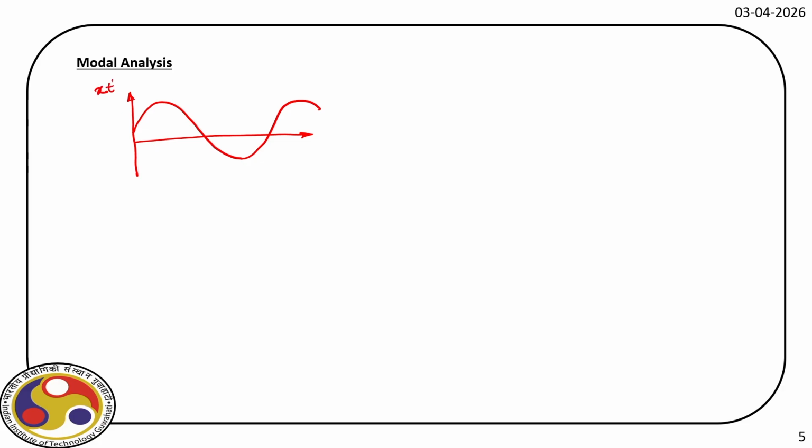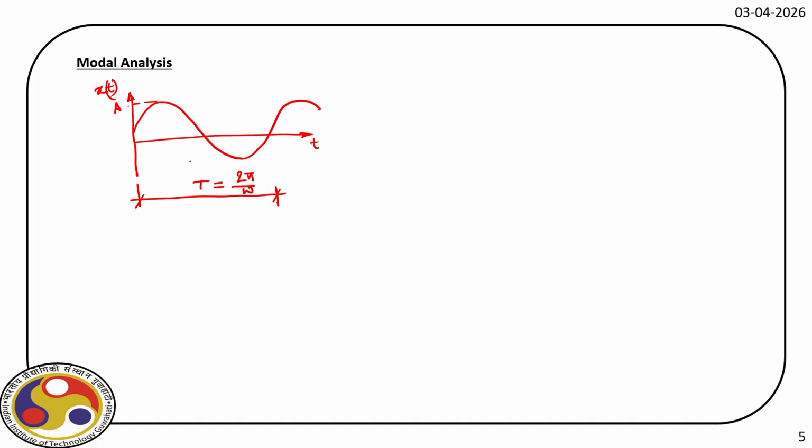So x of t, and this maximum amplitude is a. Now, all of you know from your SHM that this is what we call the time period T, which is nothing but T is equal to 2 pi by omega.